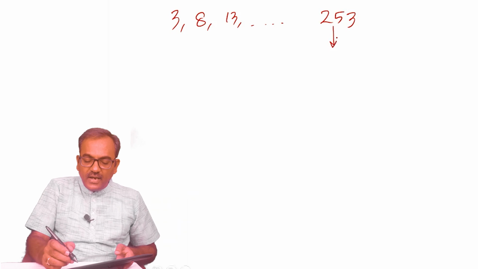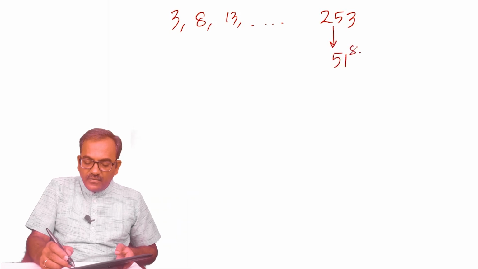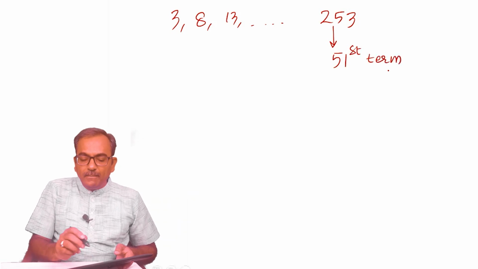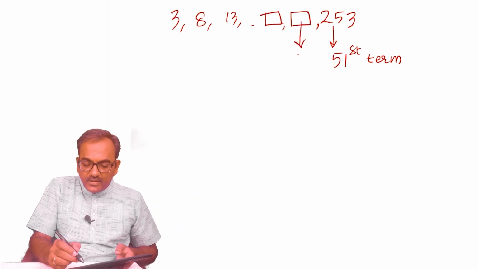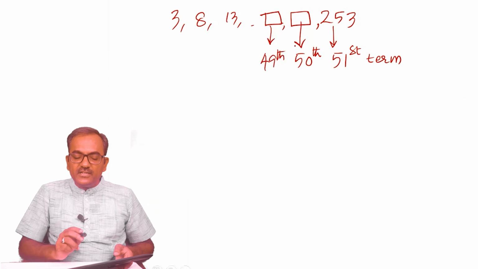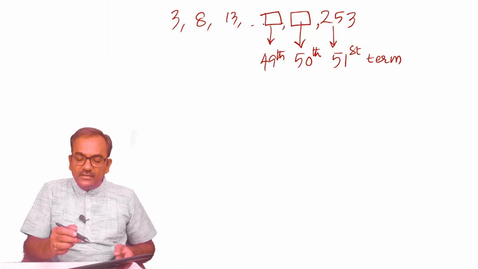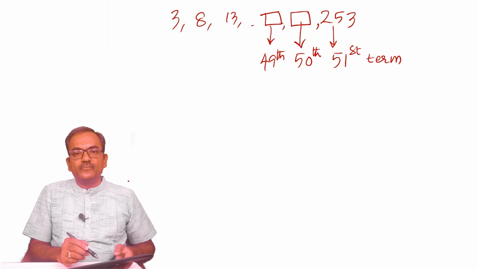We have obtained that this is the 51st term. Now working back, the previous term and the previous term. Here this will be the 50th term and this will be the 49th term. Am I right? I am interested in this 1, 2, 3, third term from the back.